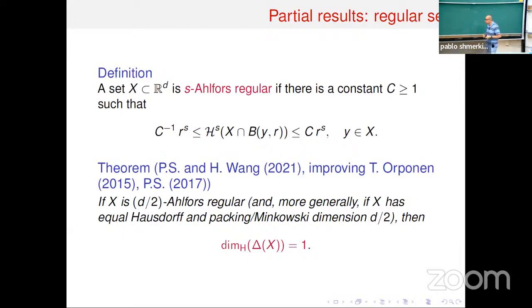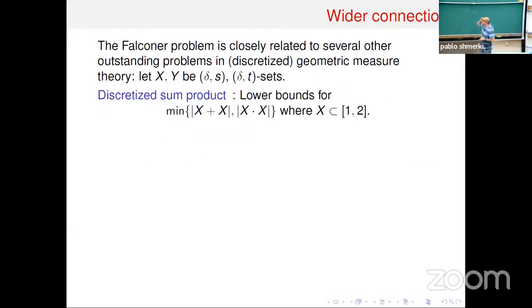Okay, so the Falconer distance set problem, I think it was introduced because it was a very natural, nice problem in itself, and a very natural generalization of the Erdős distinct distances problem. But as it often happens, people try to solve it and, in trying to solve it, found connections to everything else in some sense. So let me mention some of these connections.